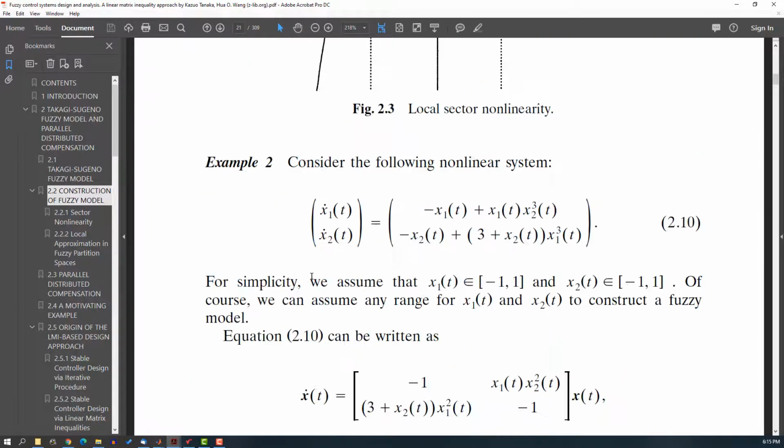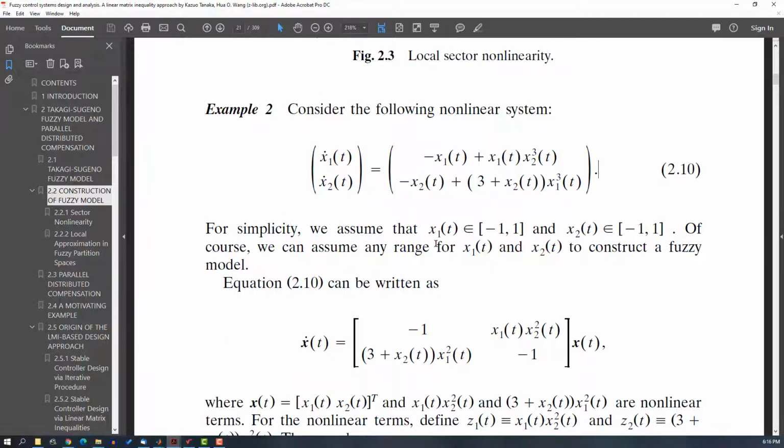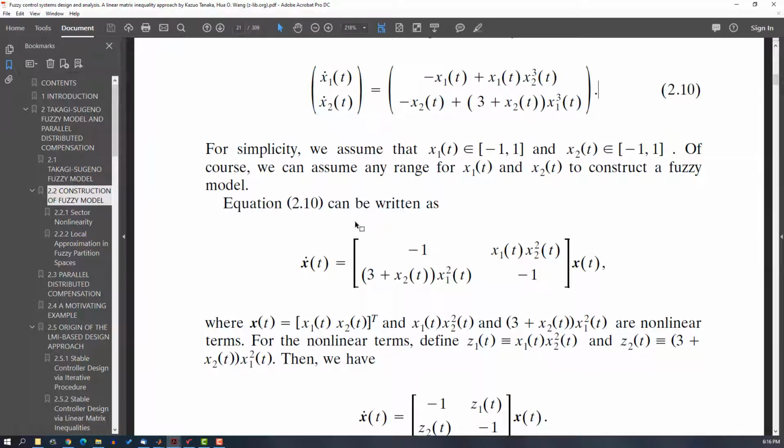So first we go to an example, it's easier to understand. You have a physical system like this, a nonlinear system like this one, and you will describe your system like this. Here is a system without input, or autonomous system.